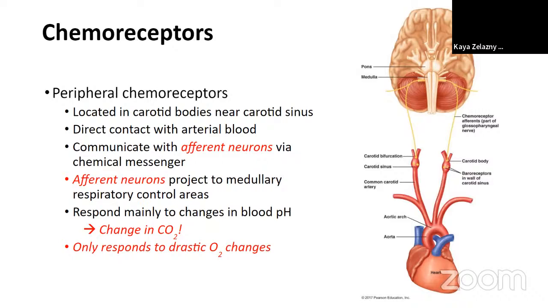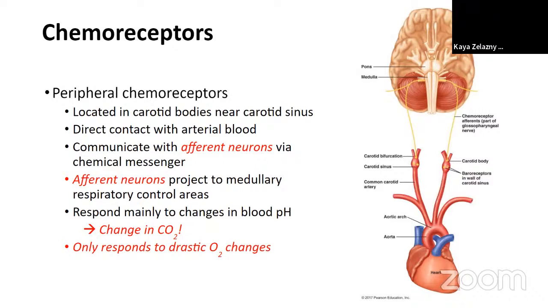So this is where it's important to remember that carbon dioxide can turn into carbonic acid, which can turn into hydrogen ions and bicarbonate ions. So measuring blood pH is an indirect measure of carbon dioxide.